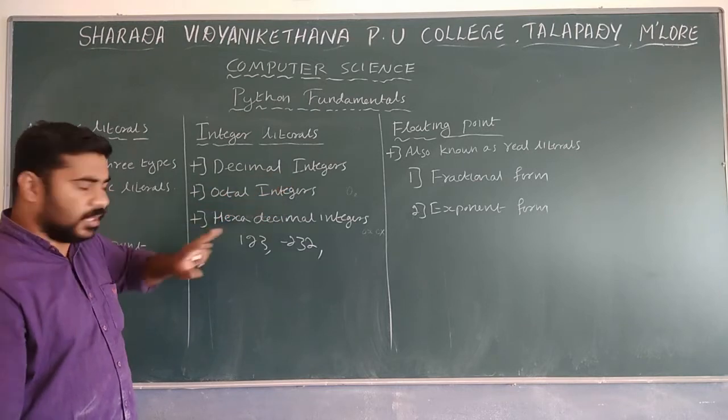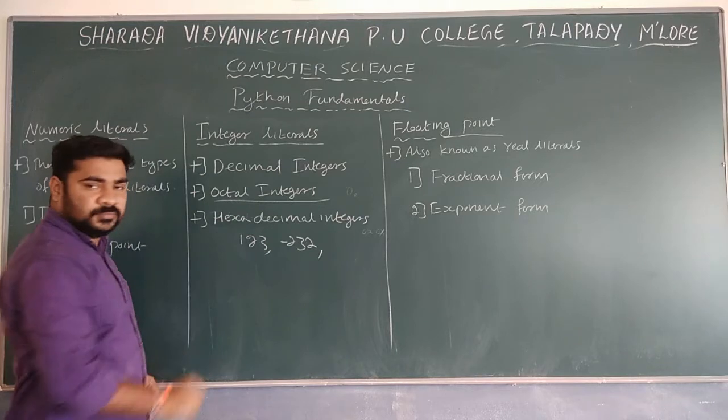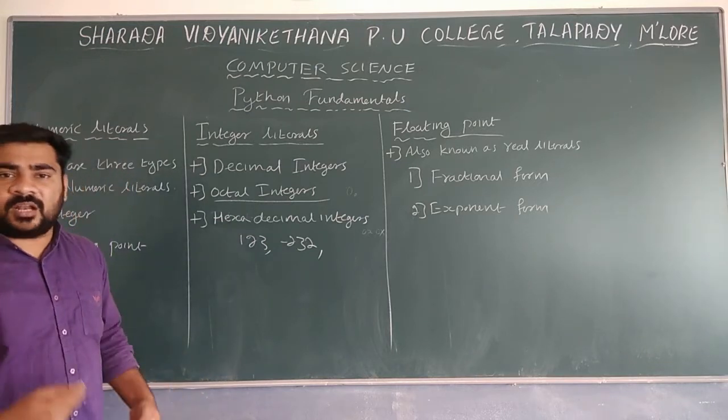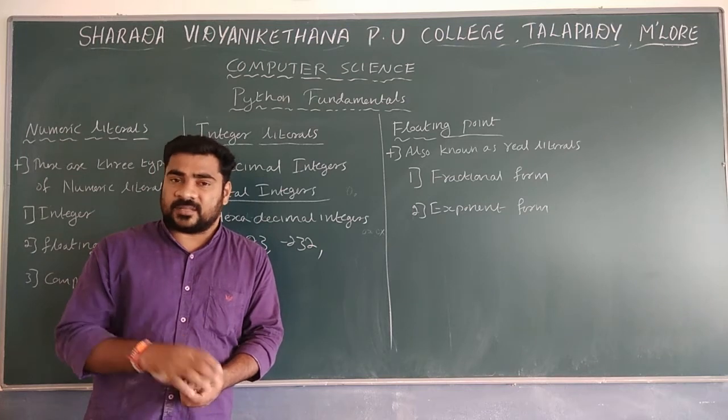Normally we use them. The next one is octal integers. We are not using them much. For octal numbers, we already know there are 0 to 7 symbols, a total of 8 symbols.